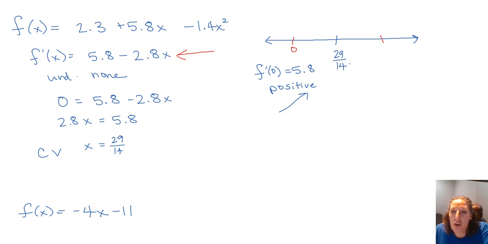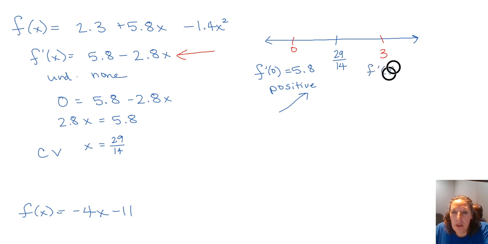And then we're going to do the same thing with a point that is on the other side of our critical value. Remember, this was approximately 2.07, so we just need to pick a number that's bigger than that. I'm going to go ahead and pick 3. And again, we're plugging it into that derivative.